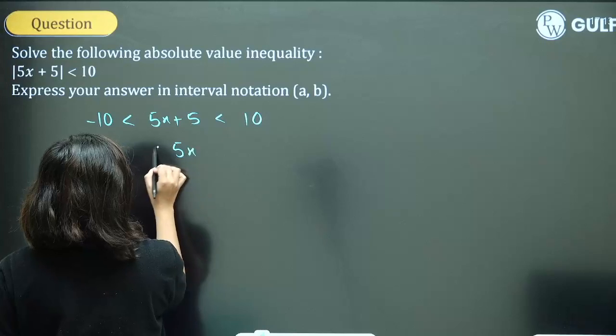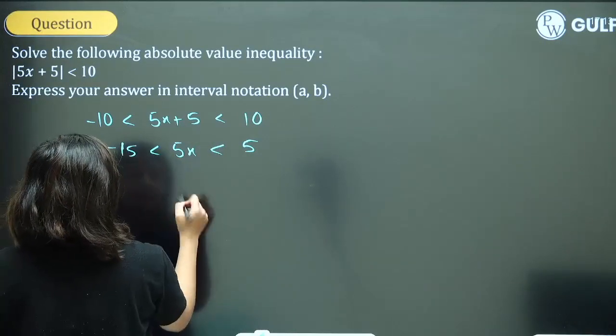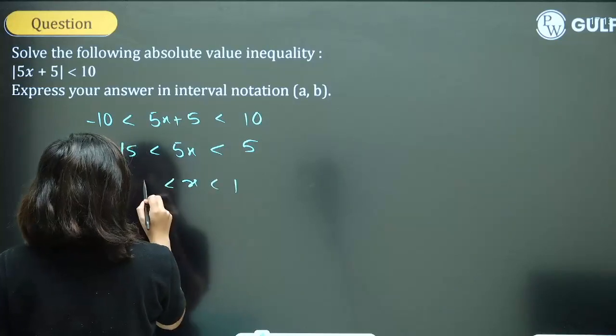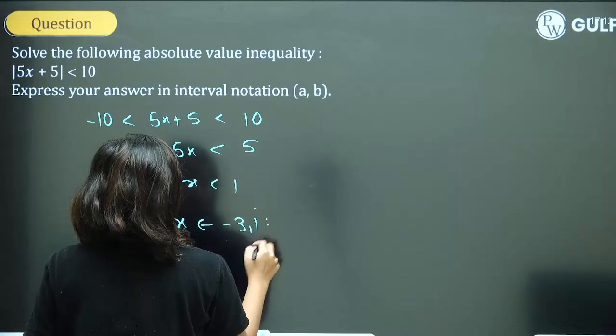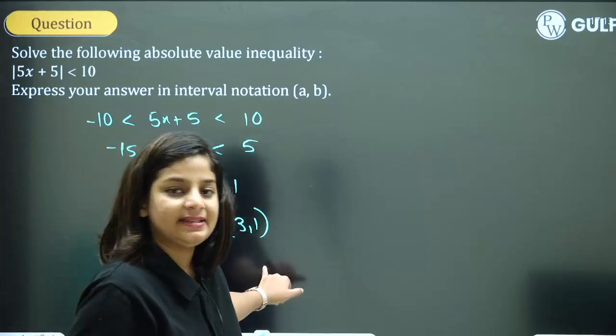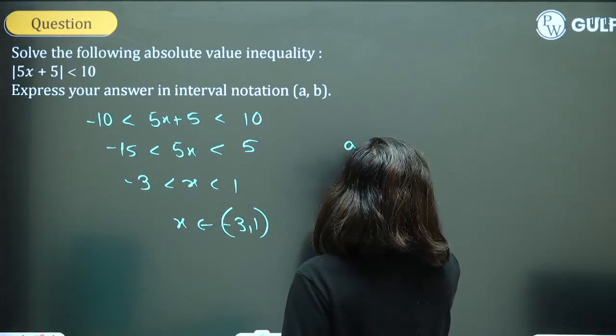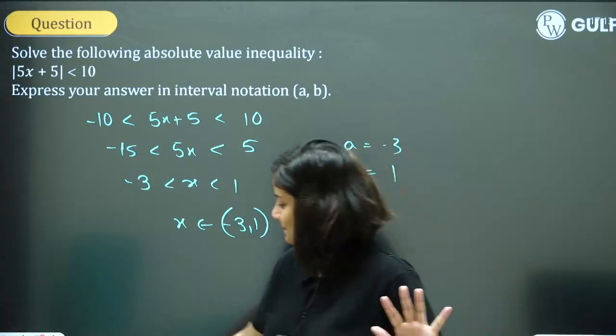Simplify, you all know very well now how to simplify. Subtract 5, divide by 5, x lies between minus 3 and 1. Express your answer in interval notation a to b. A is minus 3, can you all see? And b is 1. Done. Next.